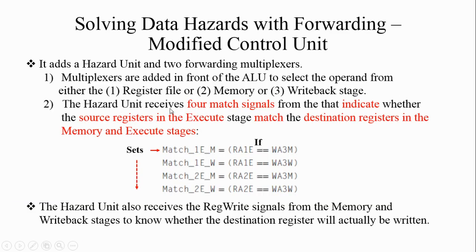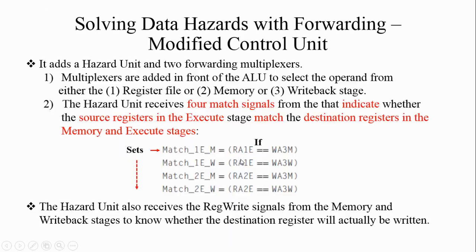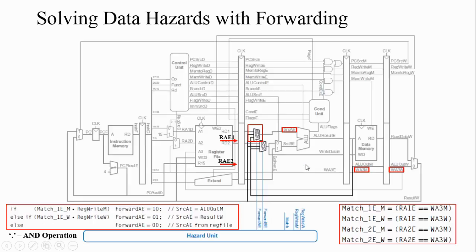So here the hazard unit receives four match signals to indicate whether the source registers in the execute stage match the destination registers in the memory or write back stage.